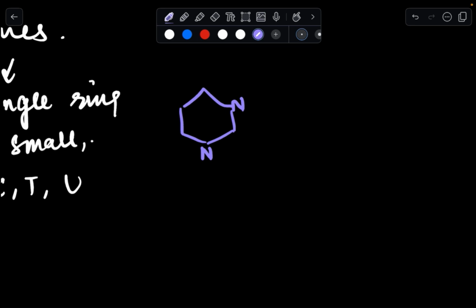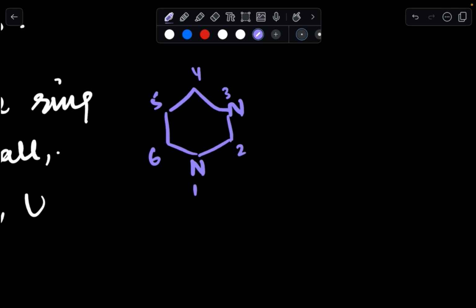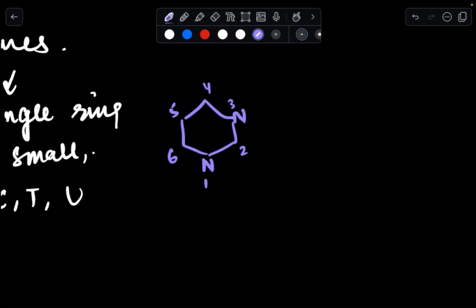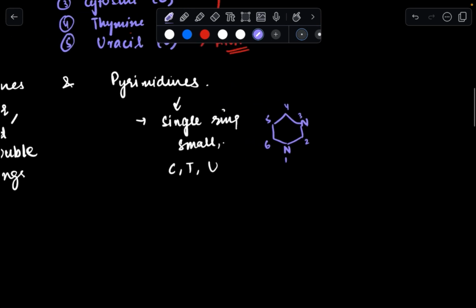Just remember, this is 1, 2, 3, 4, 5 and 6. It is a hexagon ring, and has nitrogen at the first and third positions. There is no carbon at the first and third positions, it is nitrogen. Except these two positions, the other positions 2, 4, 5 and 6 have carbons. So this is the general structure for pyrimidines.